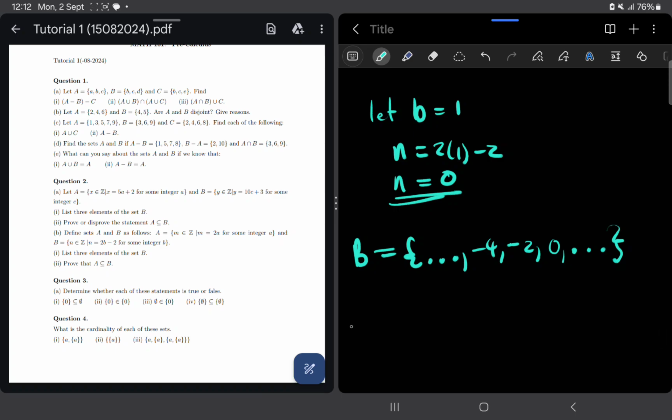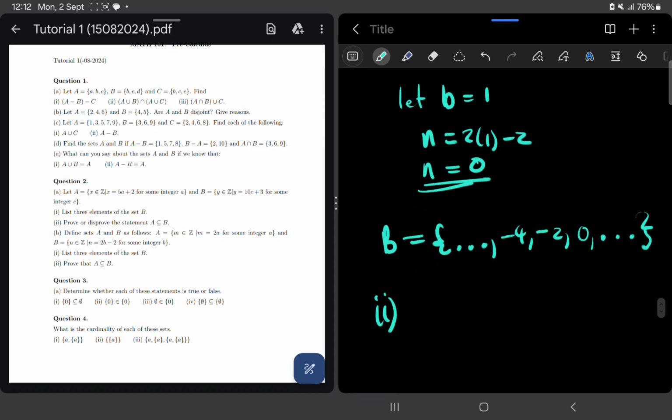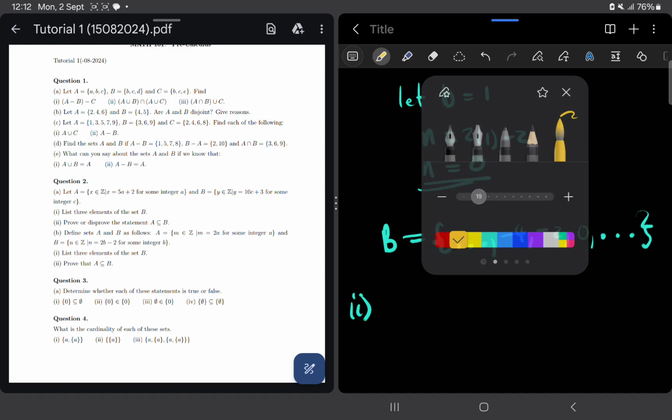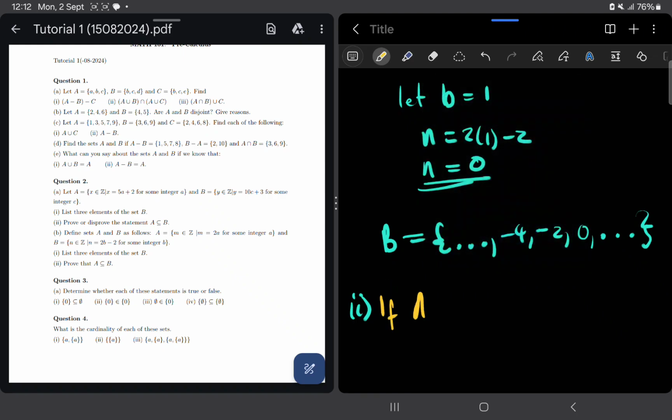Okay, part 2 says, prove that A is a subset of B. We have been here before. I hope you remember. If A is a subset of B, then the guys in A should also be in B. Which means, what are the guys in A called?